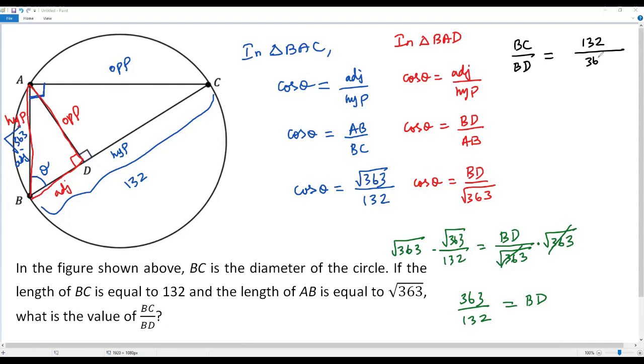Now we can write the numerator 132 as it is, and change this division to multiplication. When I do so, I have to take the reciprocal of this fraction. The reciprocal of this fraction is 132 over 363. When I evaluate this expression using a calculator, I am getting 48. Therefore, the value of BC over BD is 48.